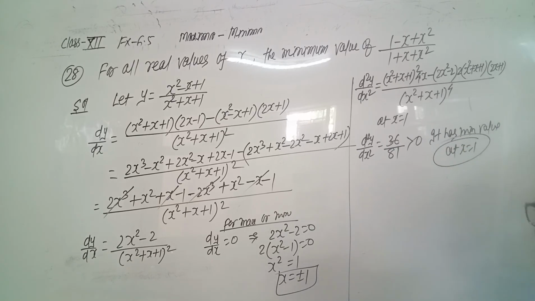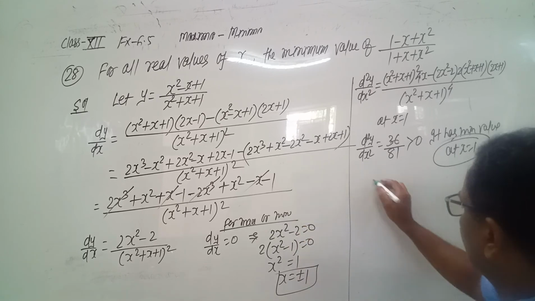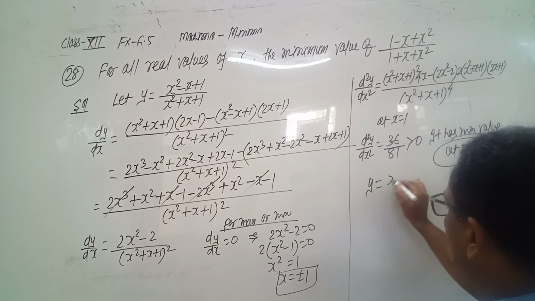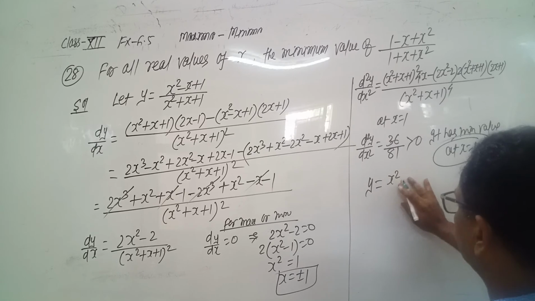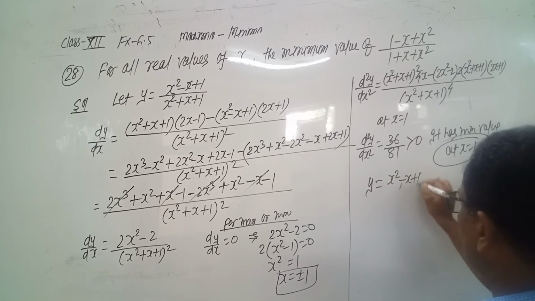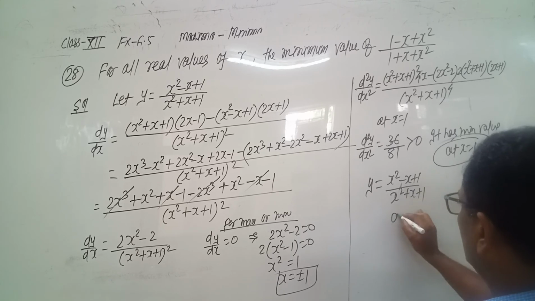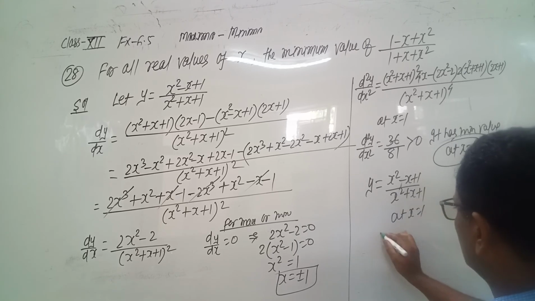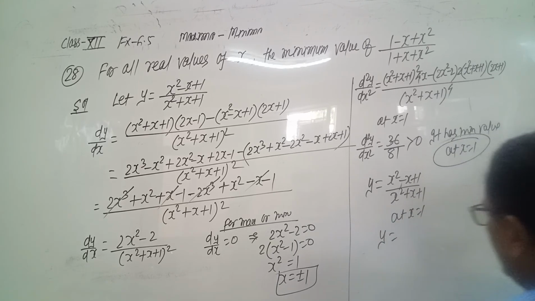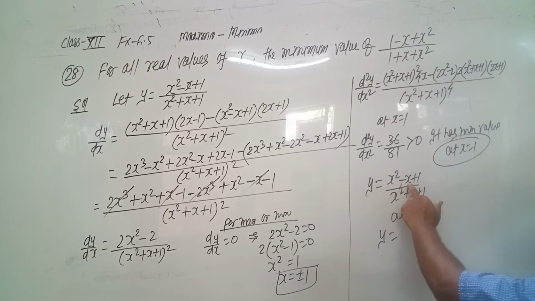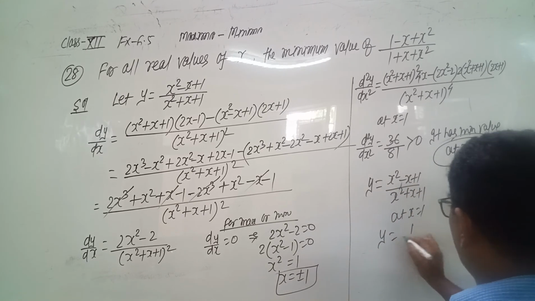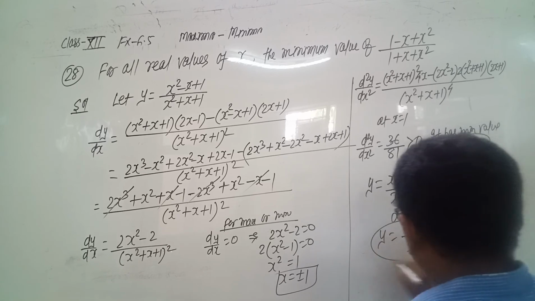Now put the value of x equals 1 in the curve. So y equals x square minus x plus 1 upon x square plus x plus 1. So at x equals 1, we get the value of y. 1 minus 1, 0. It gives 1 upon 1 plus 1 plus 1, 3.